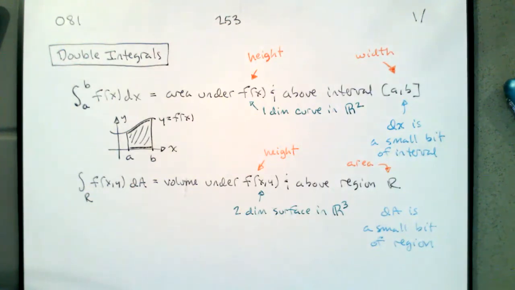Upgrading area, our height is still one-dimensional because we're plugging in an x and y and coming up with just the height, but it becomes a volume because dA is now an area, not a length.